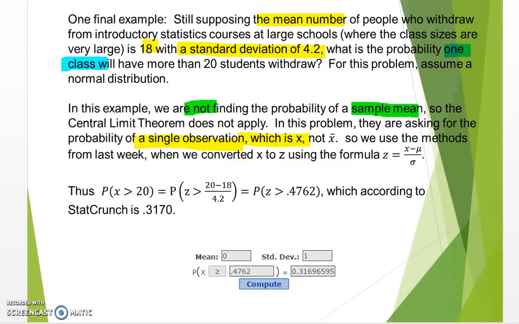So we convert the x back to z by using the formula that we did before: z equals x minus mu divided by sigma.